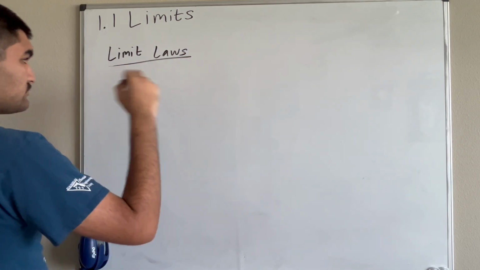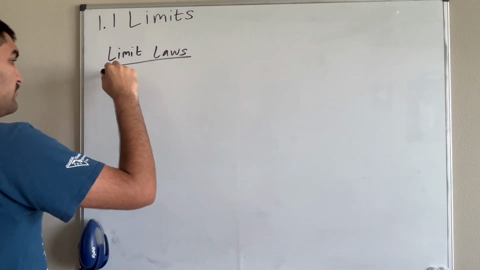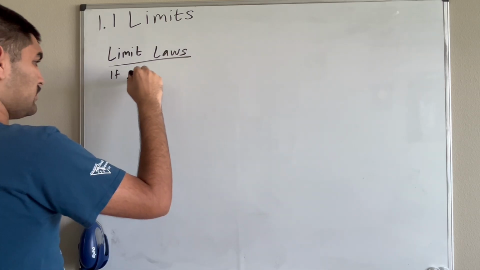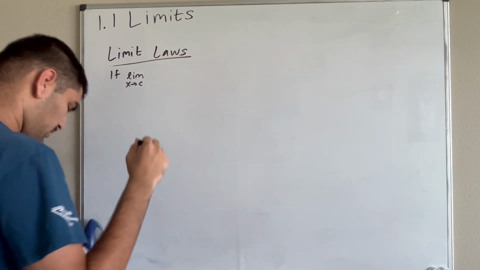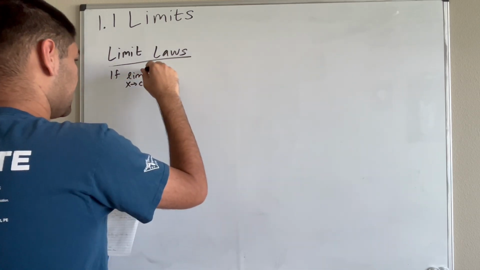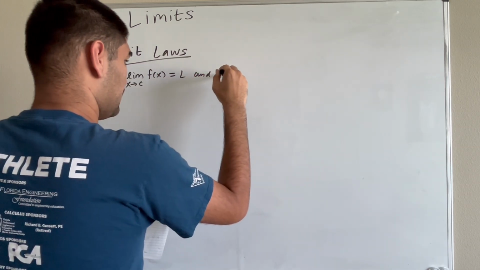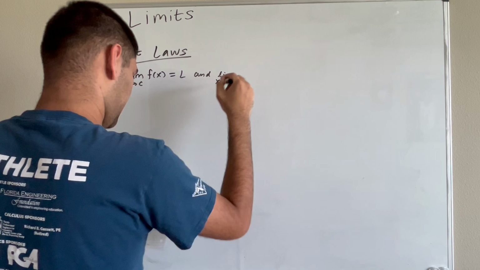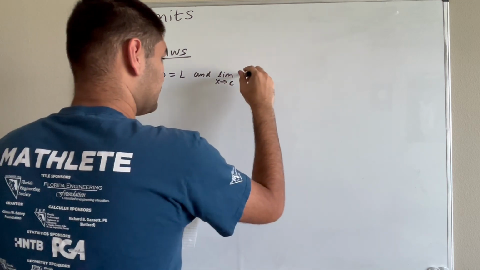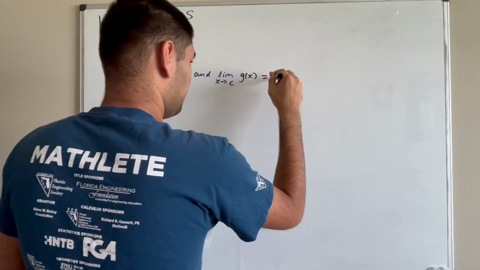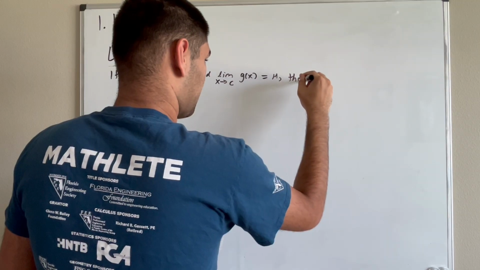We just have to assume that if the limit as x approaches c of f of x is equal to L, and the limit as x approaches c of g of x equals M, then the following properties hold.